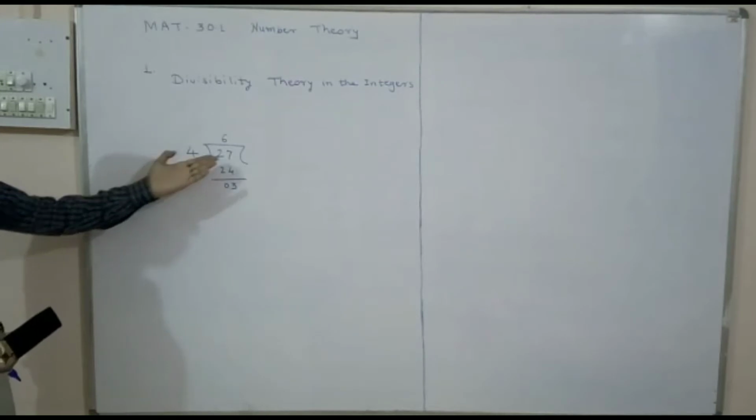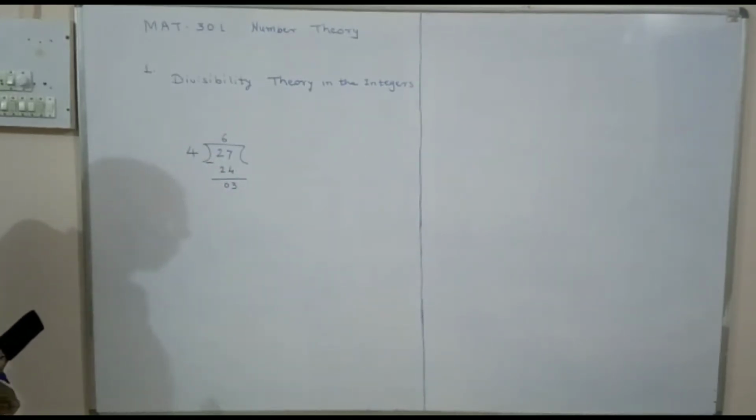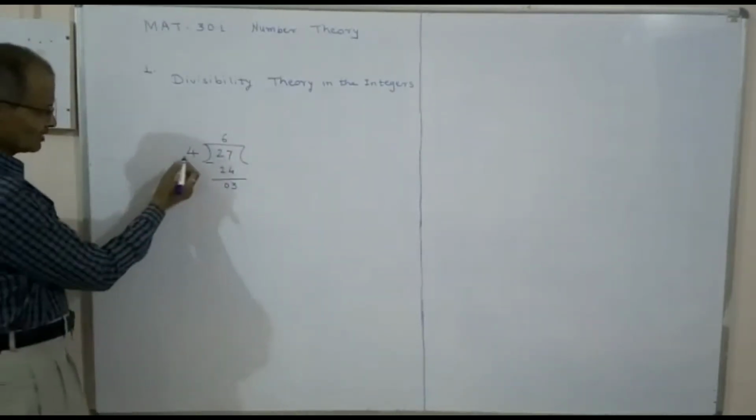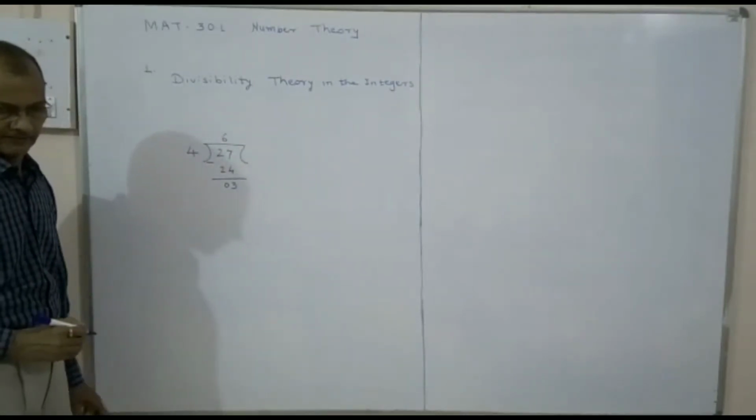If the number is exactly divisible by 4, the remainder will be 0, otherwise the remainder is non-zero. Now here this number is called the dividend, this is the divisor, this is the quotient, and this is the remainder.